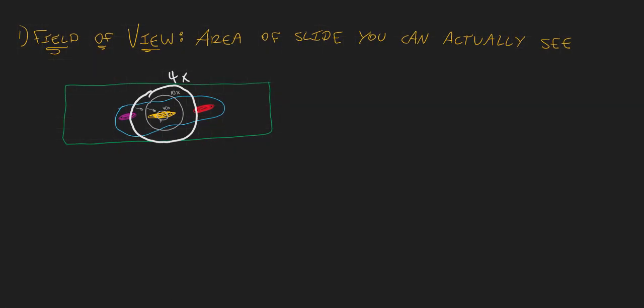The relationship is that as magnification increases, your field of view, FOV, is going to decrease. So the more magnified your image, the more you zoom in, the smaller your field of view, which makes sense. If you're magnifying something, you're zooming in on a small area of it, right?